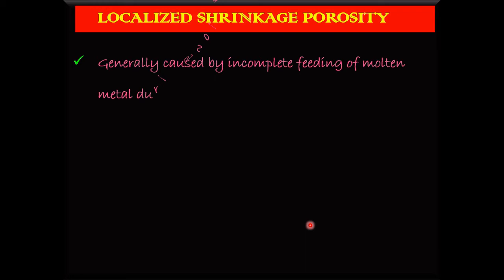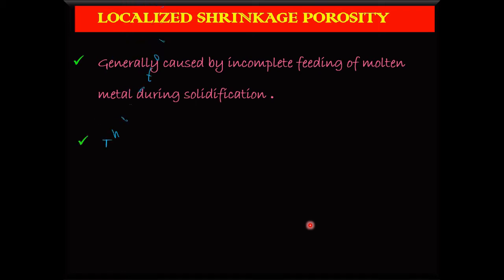So coming on to the localized shrinkage porosity. Basically what happens is, whenever the molten alloy is cooling, the temperature eventually reaches the solidification range, causing the alloy to change from liquid to solid stage. And this change of state is accompanied by a large shrinkage, which can be compensated only if we follow the proper casting techniques.